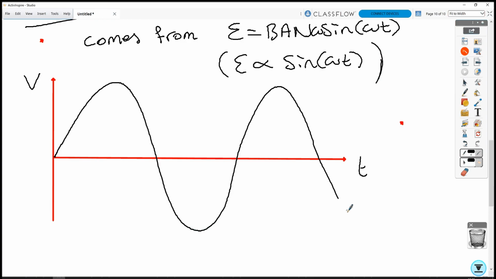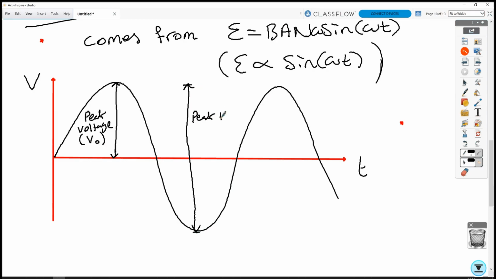So the amplitude of this wave is called the peak voltage. So this is called peak voltage, and we write that as V naught. We also have a peak to peak voltage, which is double the peak voltage.